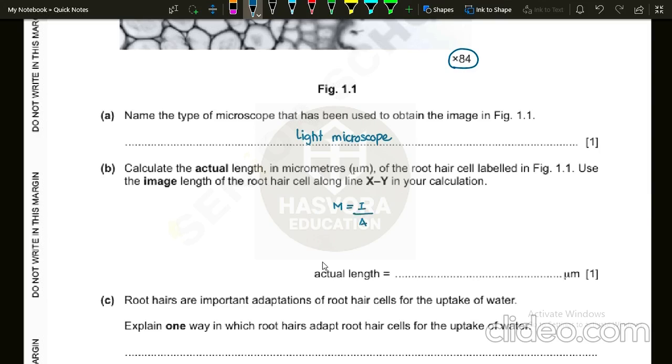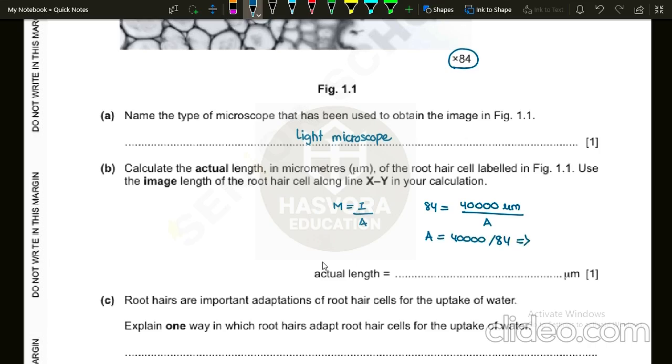So magnification is 84, then the image length is 4 centimeters, which we convert into micrometers, so it becomes 40,000 micrometers, divided by the actual length. So actual length is 40,000 divided by 84.